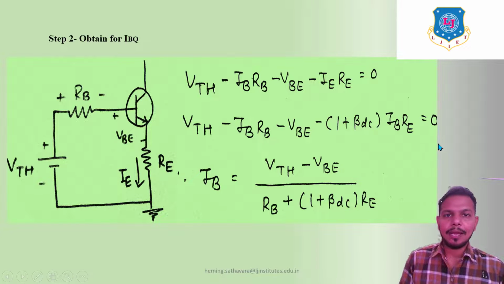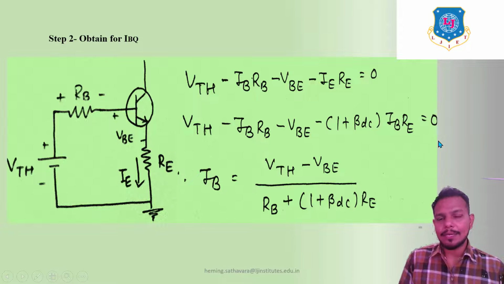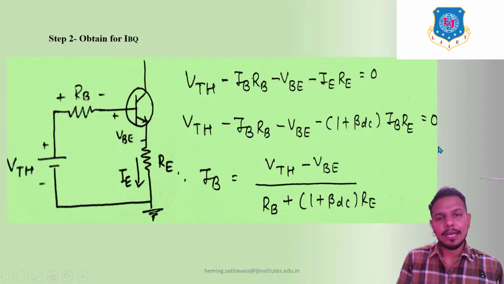So we have to just apply KVL at the input side. Here we can see we have to start from VTH. So it becomes VTH minus IBRB minus VBE minus IERE is equal to 0. Instead of IE you can write (1 plus beta DC) IB, right?